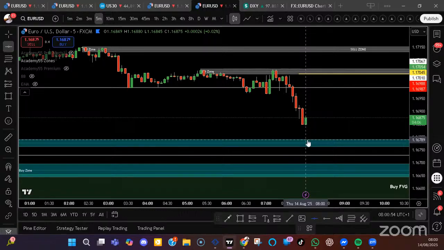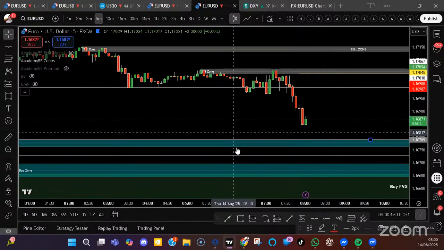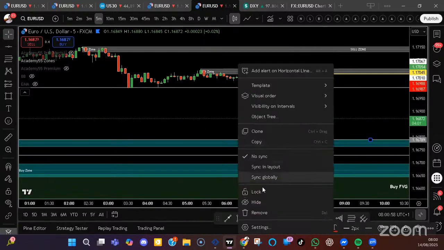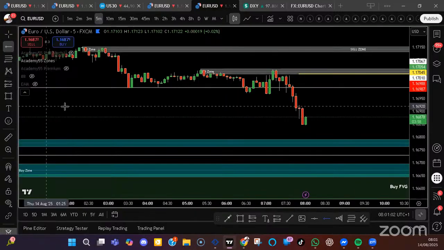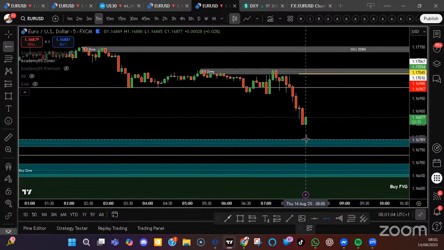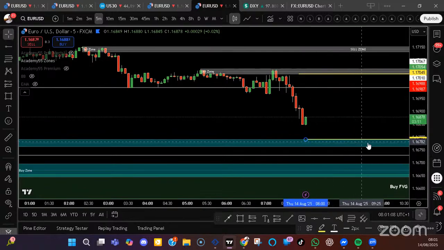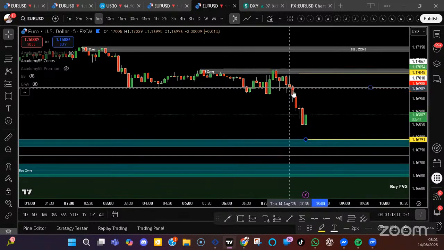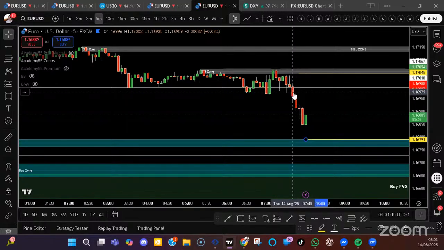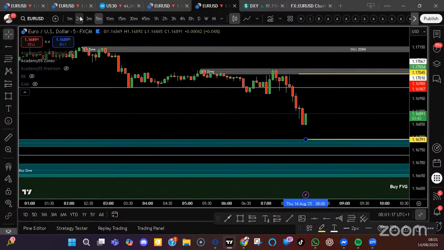But we had a buy zone here as well. Oh, sorry, I got the wrong line for that. Remove that one. Horizontal ray, that's what I want. There we go. But are there more buy orders down here waiting to be swallowed up? But in the meantime, we've got imbalance here.